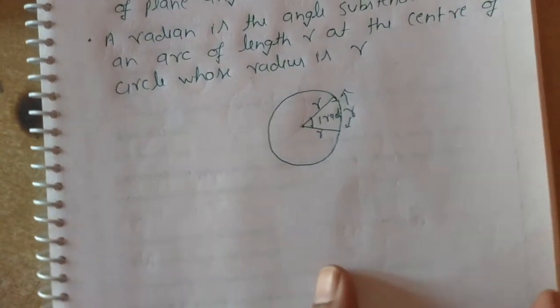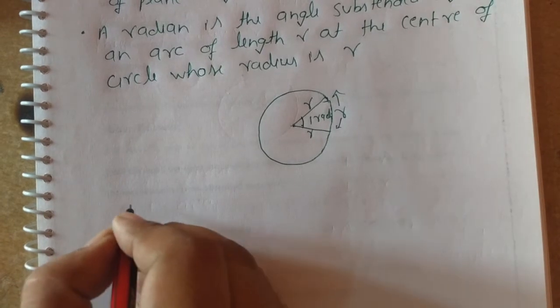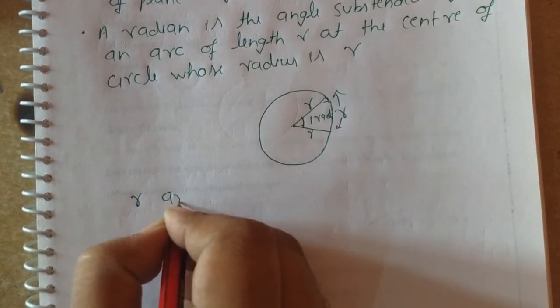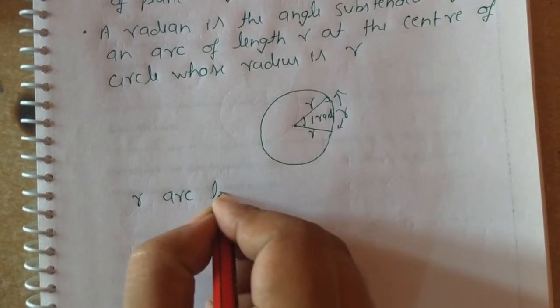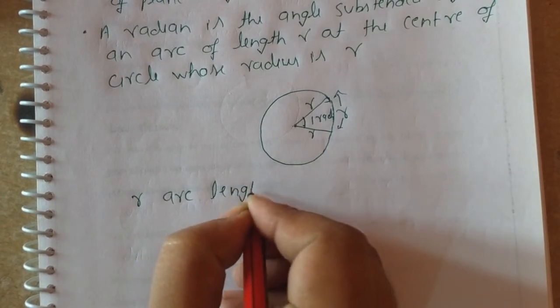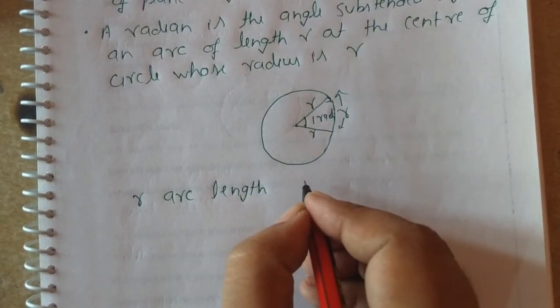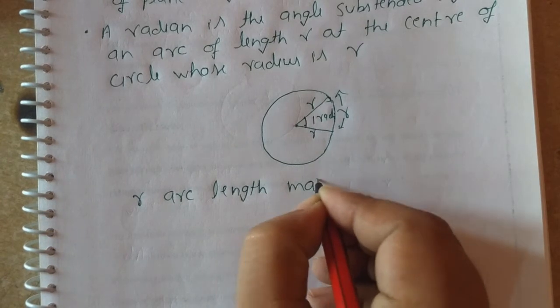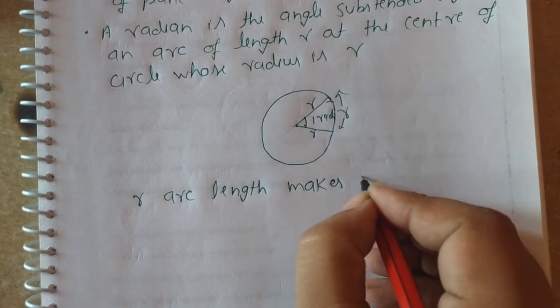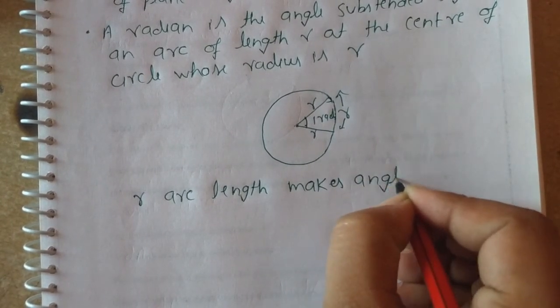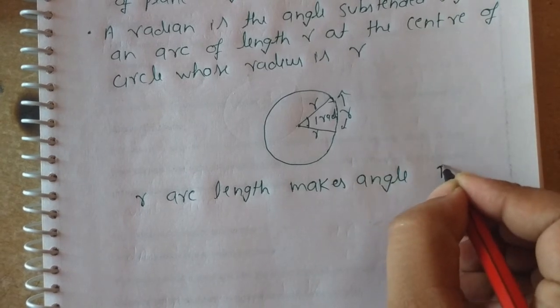So we can write here: r arc length makes angle of 1 radian.